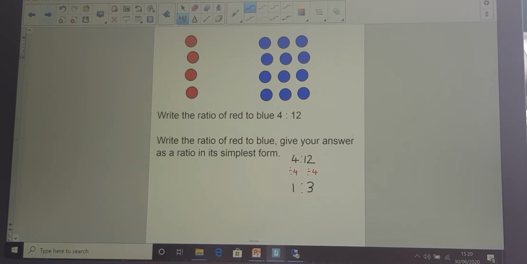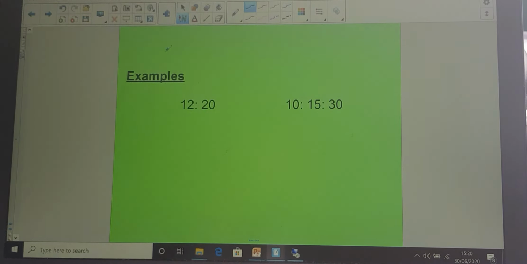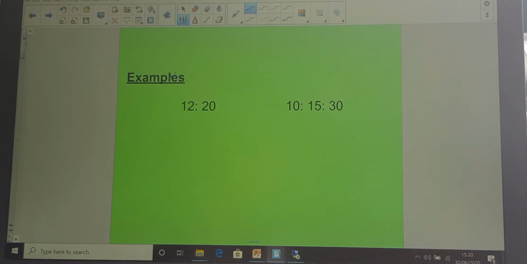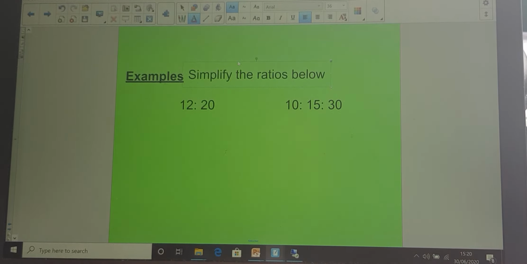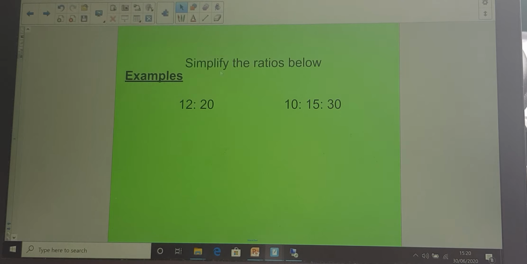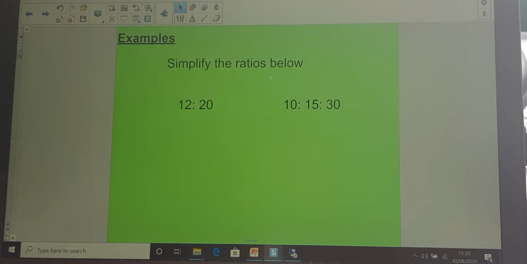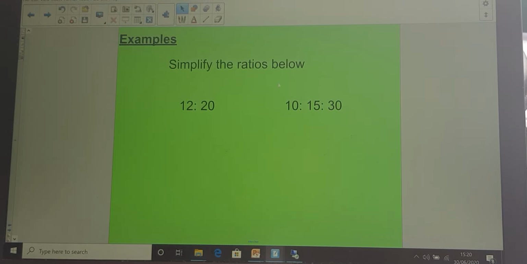I can do that with anything. So if I asked you to simplify the ratios below, I'd be looking at these and I'd say, well, what goes into both 12 and 20?